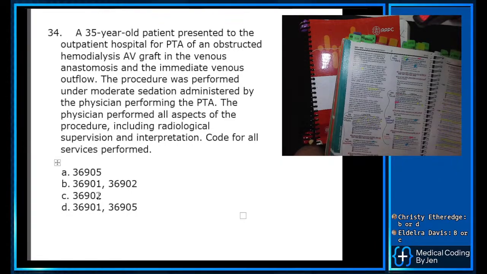01 is done with a needle or catheter, whereas 04 and 05 are done with a machine under the skin. You need to know what your acronym PTA means. Little help is peripheral.